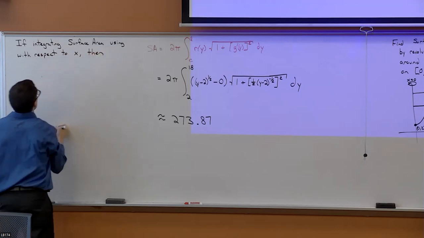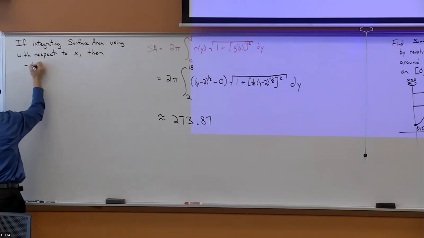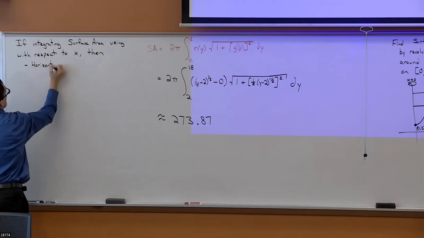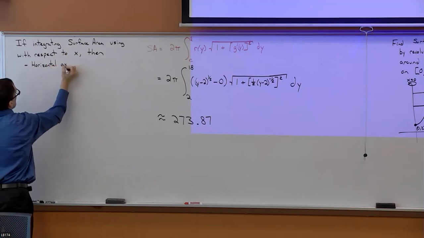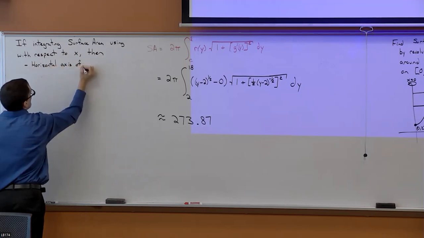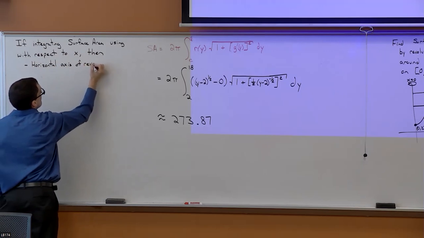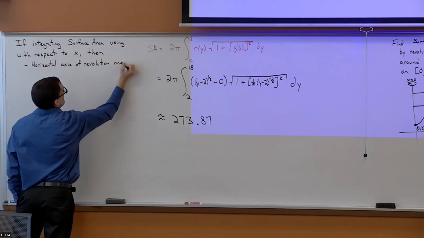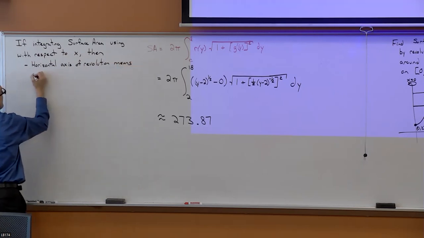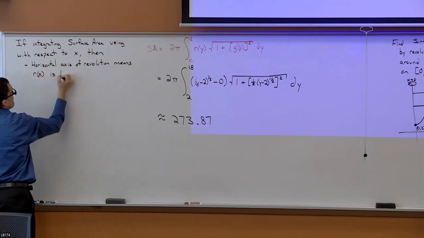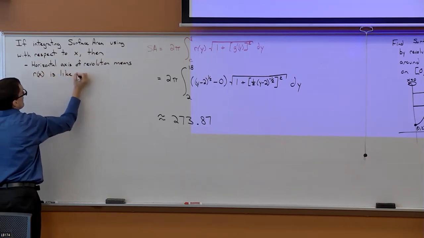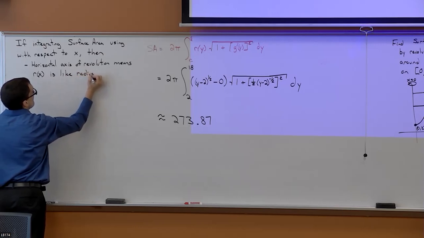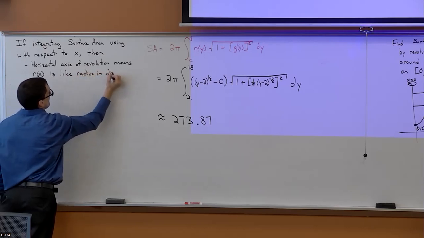Then horizontal axis of revolution means the radius r of x is like the radius in the disk method.